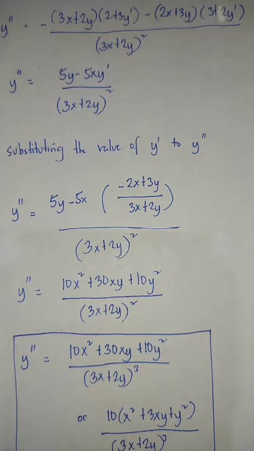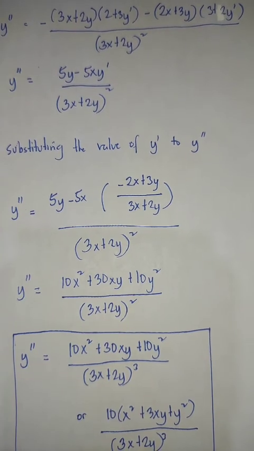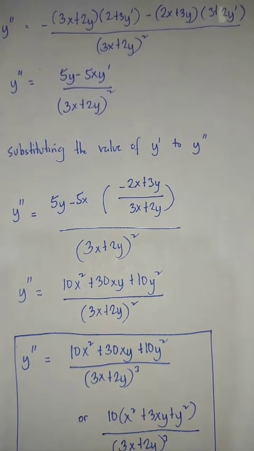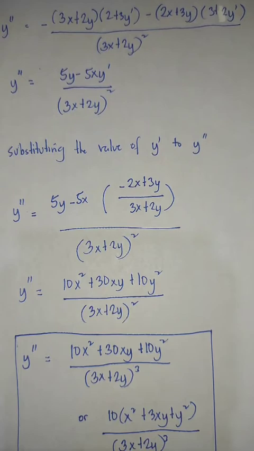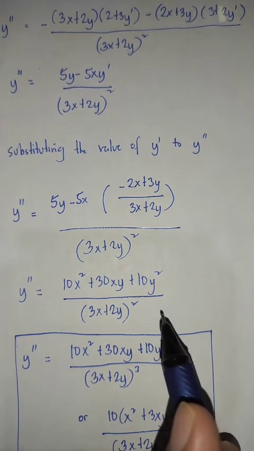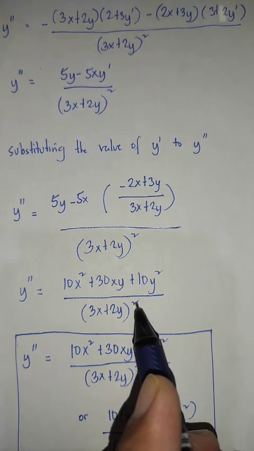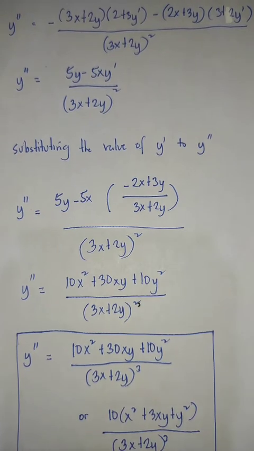So, ang final answer mo is simply, this is square, ha? Ay, this is cube, rather. So, ang magiging final answer is 10x squared plus 30xy plus 10y squared over 3x plus 2y quantity cube.